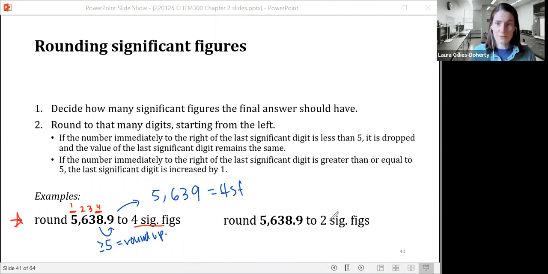Okay, if we have the same number and this time we want to round it to 2 sig figs, we count 2 numbers over from the left, 1, 2. So this is going to be our last sig fig. So once you've identified your last sig fig, you look to the right. And in this case, it's less than 5. And so we're going to round by leaving the last sig fig as is.